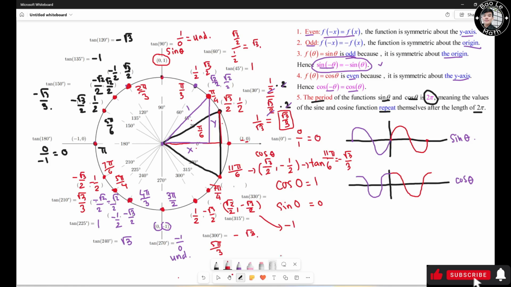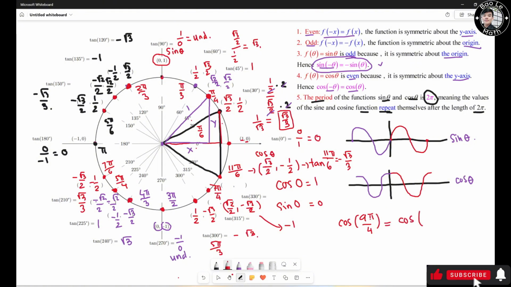So for example, we need to calculate cosine of 9 pi over 4, right? So we just rewrite 9 over 4 in terms of the period. The period of sine and cosine is 2 pi, right? Now we need to rewrite cosine of 9 pi over 4 in terms of 2 pi. So basically this one is the same thing as cosine of 9 pi over 4.